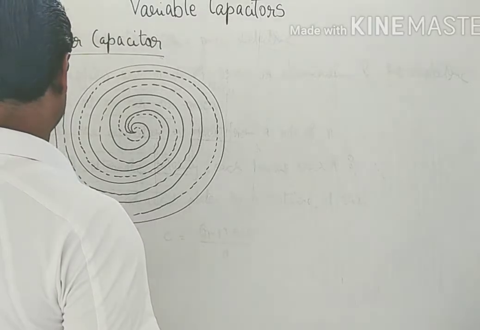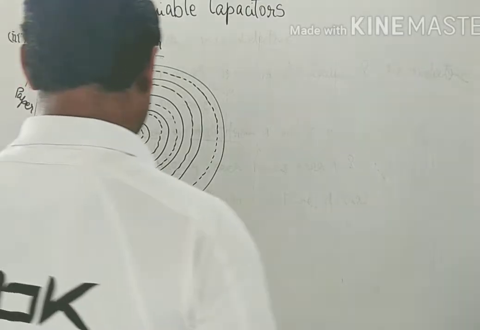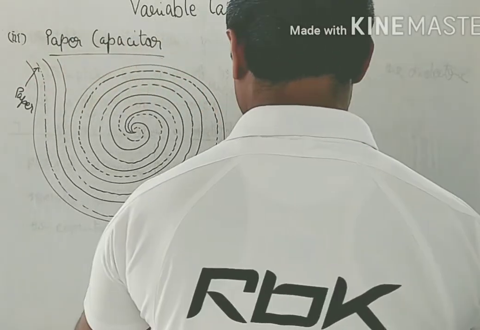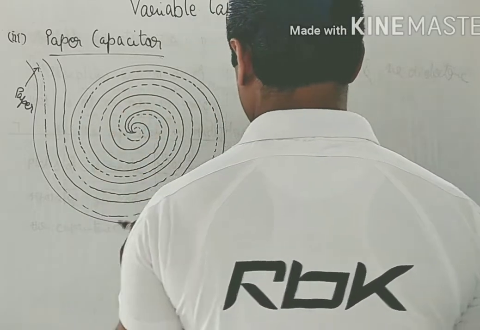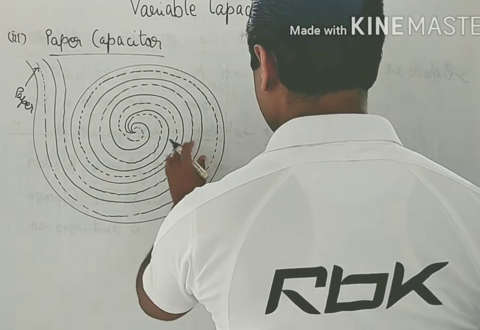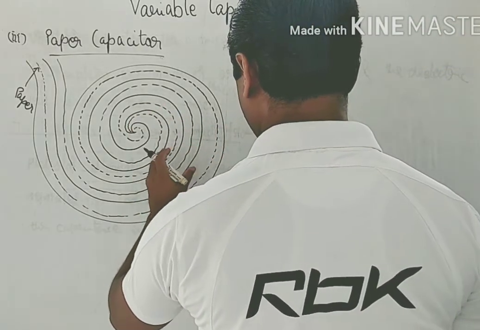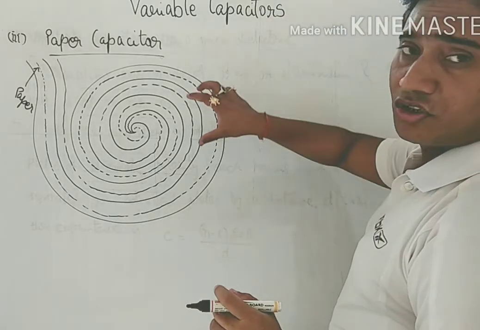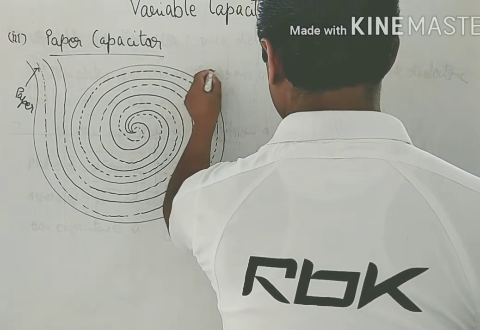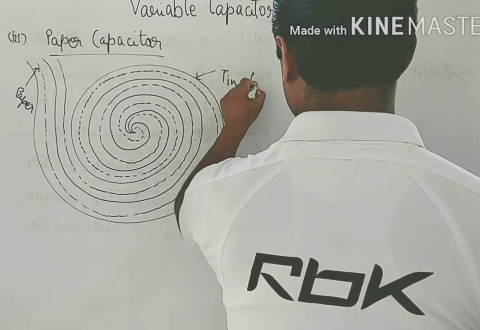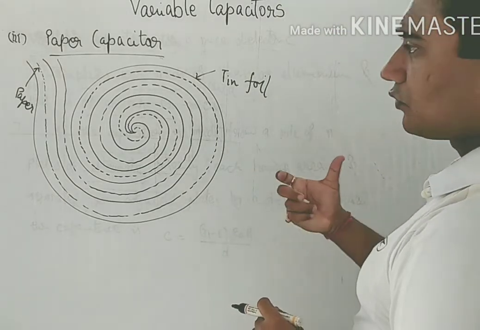This is paper impregnated with paraffin, wax or oil, and the papers are rolled and sealed into a cylinder of relatively small volume. This is tin foil. This way the paper capacitor is formed.